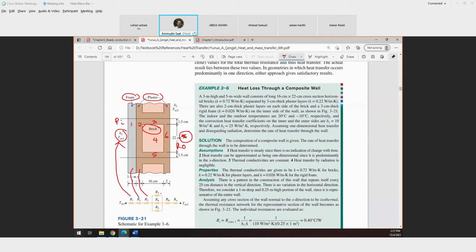This is Ri. So you can see it's the same material, but because the arrangement is different, they are divided into different resistances. So how they divided, I think they put it like this.